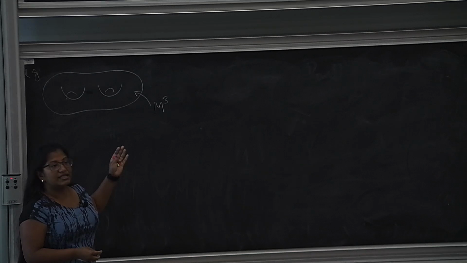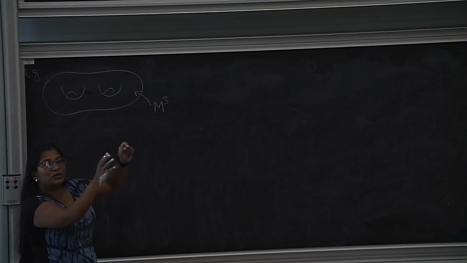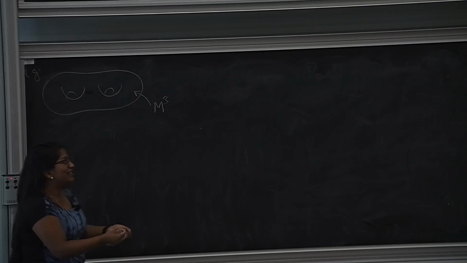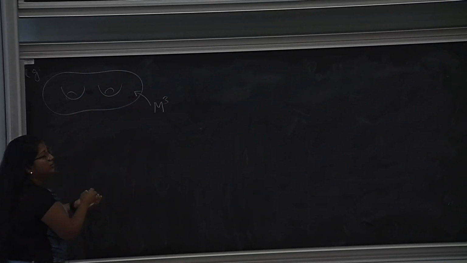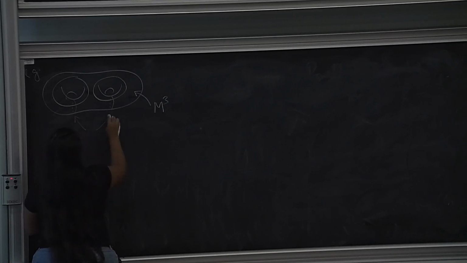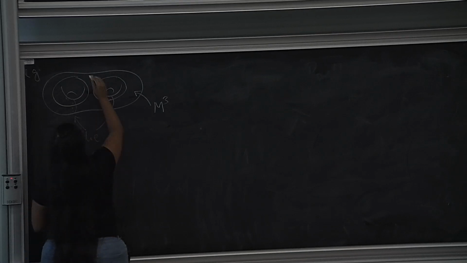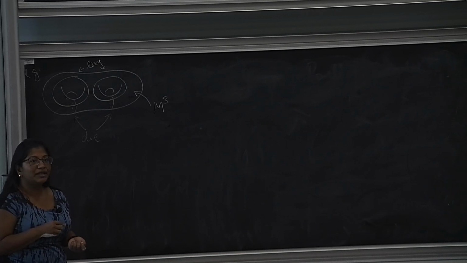H1 of the boundary is obviously Z to the 2g, and I'm saying half of those will live and half of them will die. Here are the generators of H1 of the surface, and you'll notice that these two, the ones in red, will die in H1 of M3, and these ones in green will live.